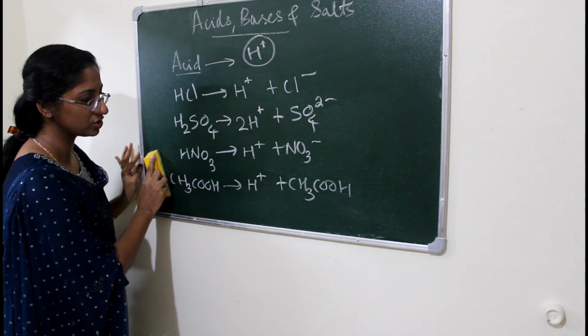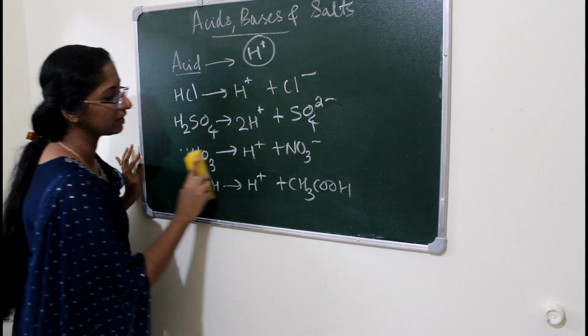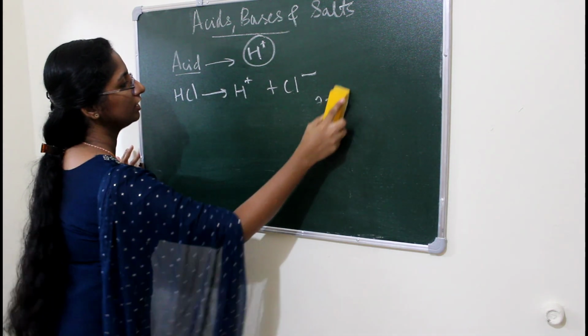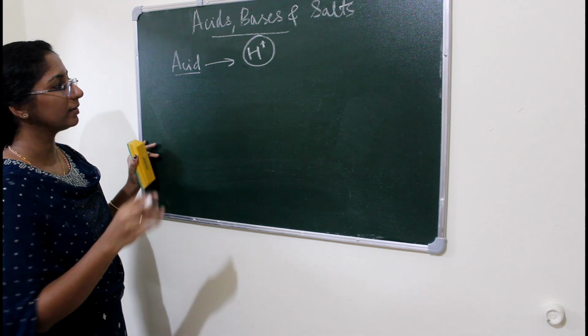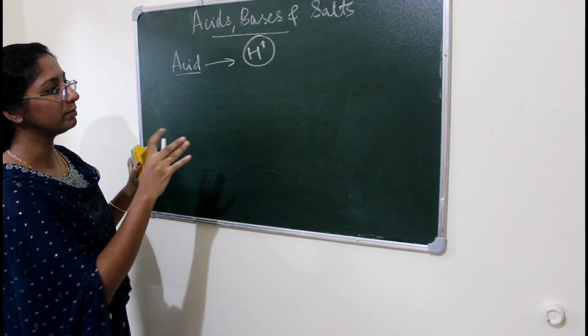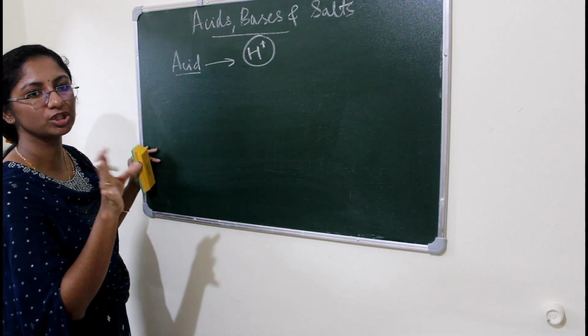For that, in your textbook, you have one experimental setup, right? And when we take these H plus ions, they can't stay independently. They will be formed with the help of addition of water.